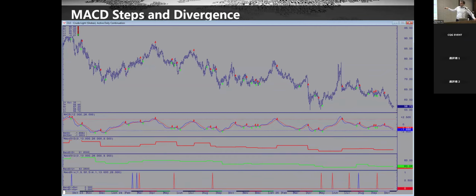So the red line here is a line that shows whenever the blue line, so the MACD, crosses below its average over here, we will record the price of crude on the closing bar and record the price of crude at that particular moment. The green line does the same thing, but records the closing price of crude when the MACD crosses above its average. So we end up with these values stepping up and down.